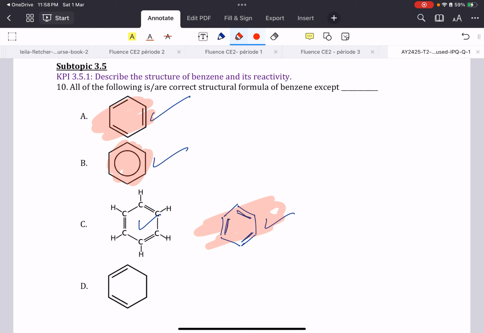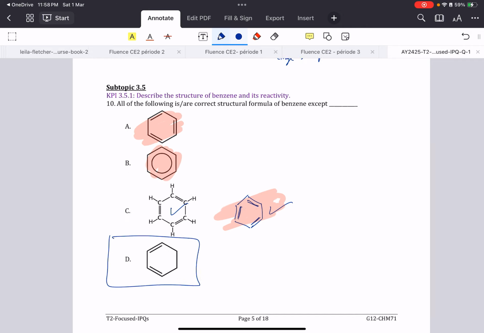It's too unstable, so the electrons will keep on rotating. Anyway, in the question they want to know all of the following are correct structural isomers for benzene except the last one. This is not correct, 1 double bond is missing.